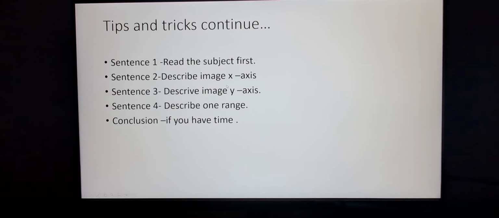So you can see that I did not worry about my grammatical mistakes. I did not worry about whether I'm saying the correct percentage or the correct year. It just has to be approximately right, because the interpreter will not mark you on whether you are giving the right details of the graph or not. So this covers my sentence 4.